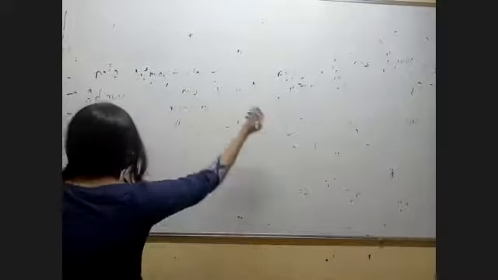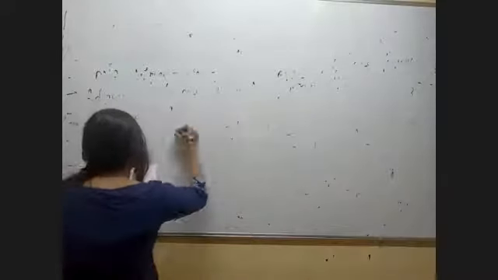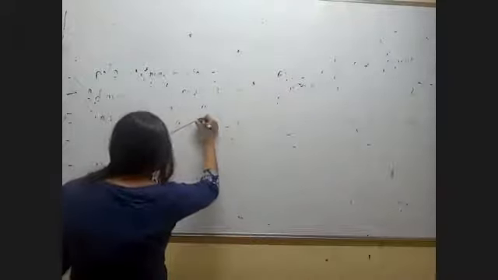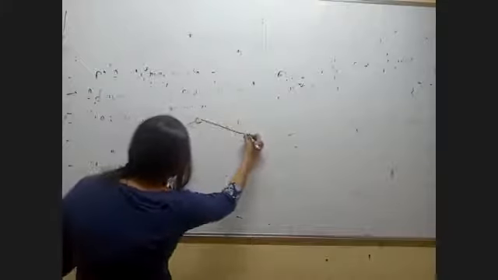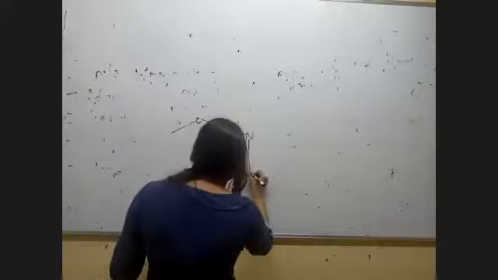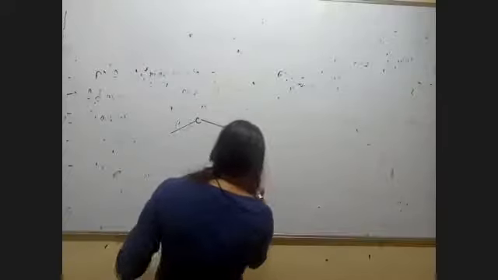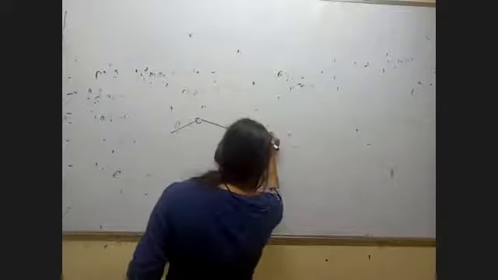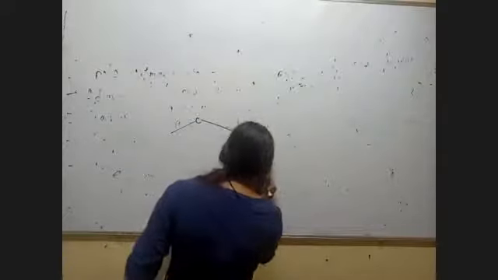Okay, coming to the structure, first we'll draw the structure of adenine. This is a carbon, this is a nitrogen, one.